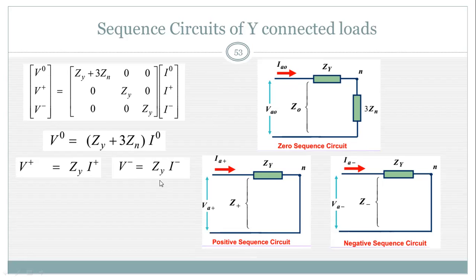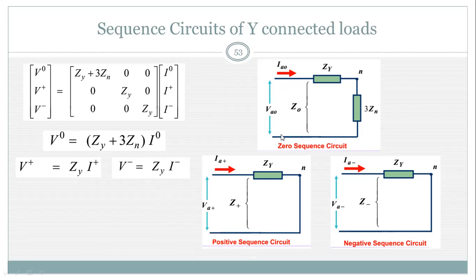Now for the zero sequence impedance, there are two impedances that are summed here. One is the sequence impedance, and another one is the neutral impedance, and we have to add this neutral impedance, multiplied by 3, to the sequence impedance if the neutral is connected through an impedance.